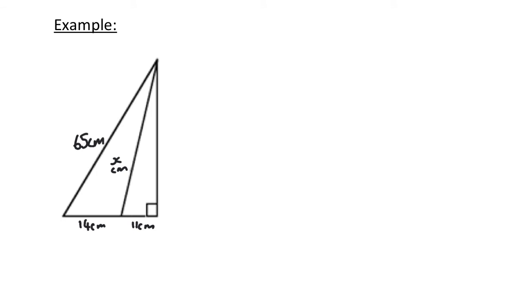In this next example, we need to find this middle side here. Now what we've got is one large right angle triangle, and inside it is a smaller right angle triangle. So we're going to have to look at Pythagoras theorem twice here. So first of all, I'm going to draw out the larger right angle triangle, which has a hypotenuse of 65 and the base of 25.